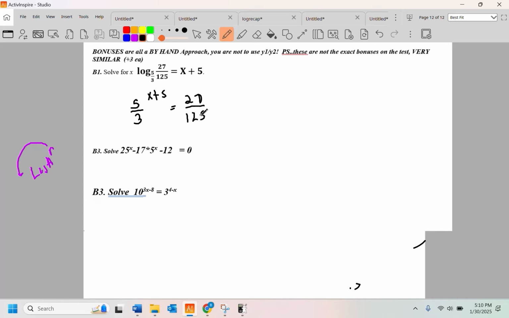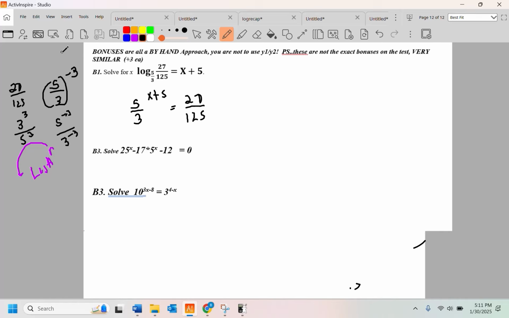So let's see if what I'm thinking makes any sense. That's what 27 over 125 is. It really is, because 27 over 125 is 3 cubed over 5 cubed. If I flip the exponents around, I would have 5 to the negative third over 3 to the negative third.